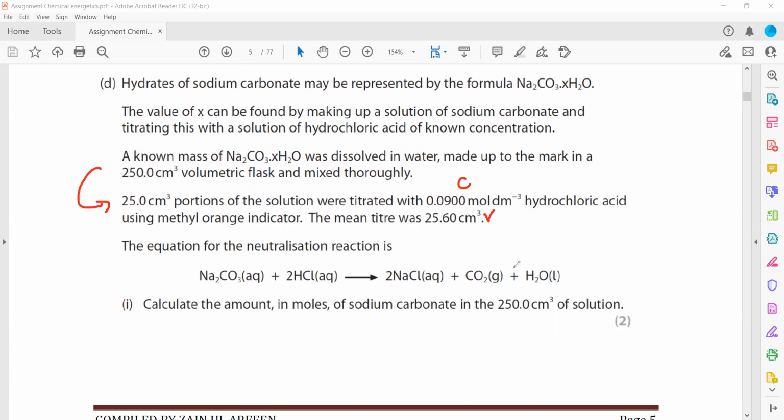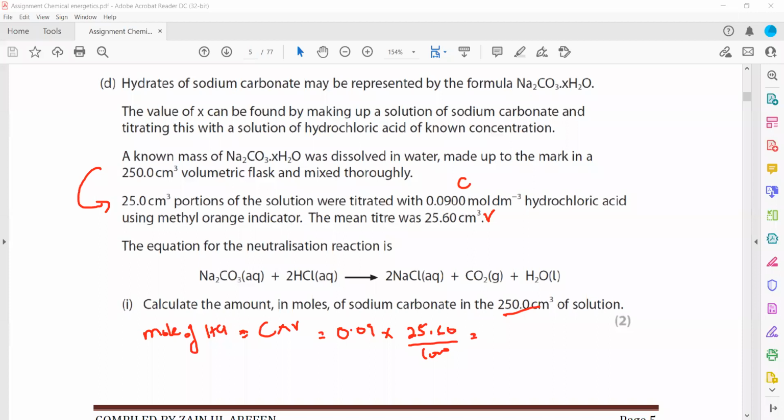So how do we work out the moles of sodium carbonate in 250 cm³? First, we should know the moles of HCl. Moles of HCl will be equal to concentration times volume. The concentration of HCl is 0.09 and the volume is 25.6 cm³, which we should convert into dm³, so we divide by 1000.